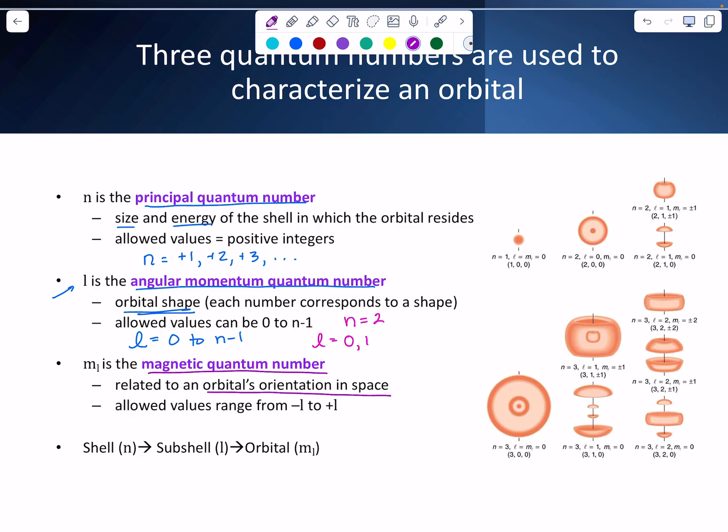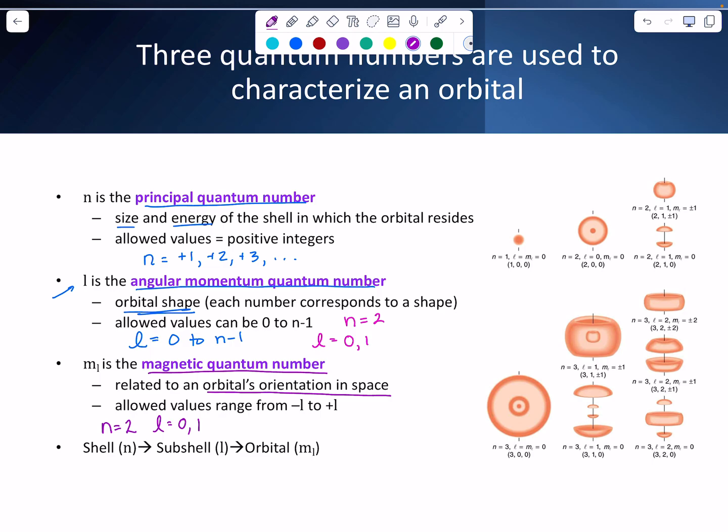The rules for that number are that it ranges from minus L to plus L. If you remember, L can go from 0 to n minus 1. So let's say our n is 2. Then our L can be 0 or 1, and we did that last class, and you can see it written in pink up above.